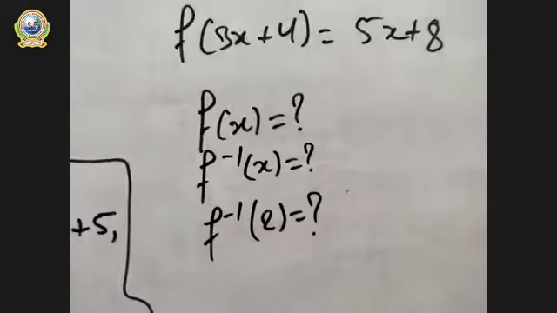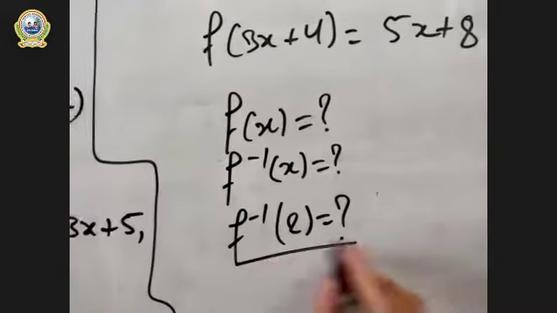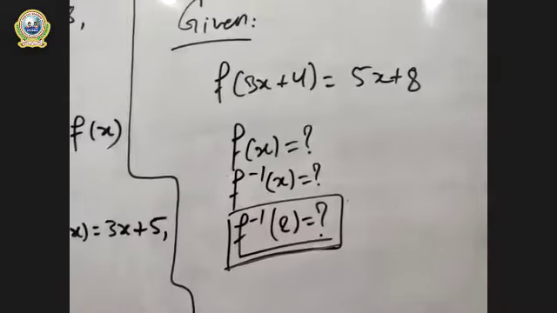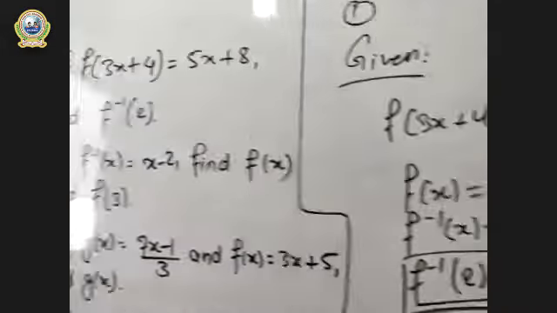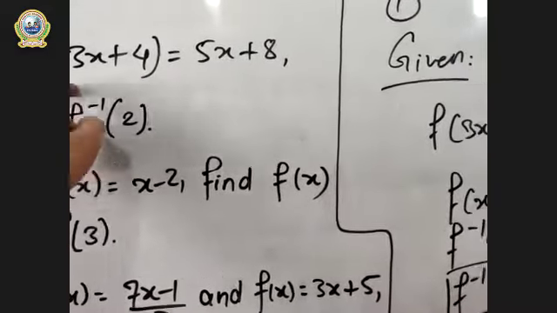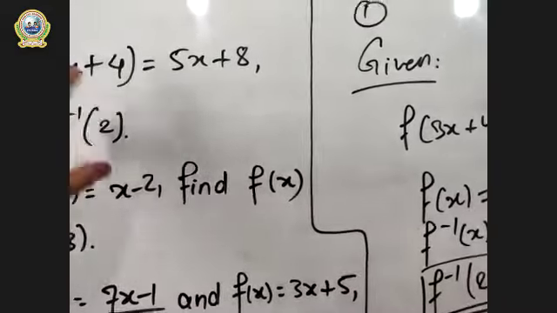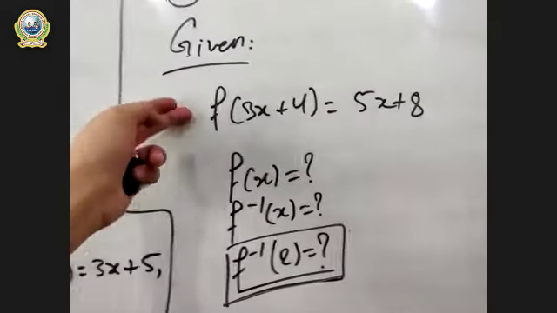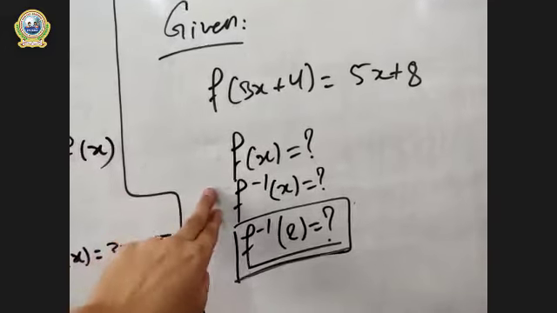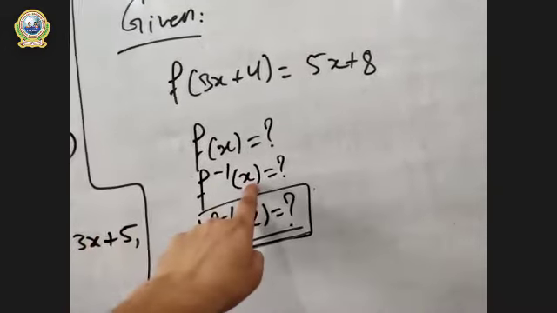Now you might tell, we are only asked about this one, right? But look at the question here. You can't directly compute f inverse 2 from here. First of all, you need to find f(x), then you should find f inverse x and replace this x by 2.